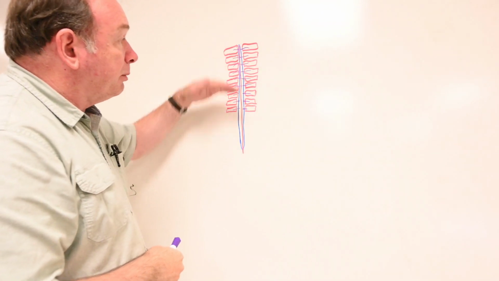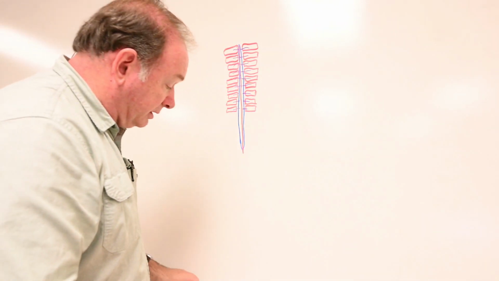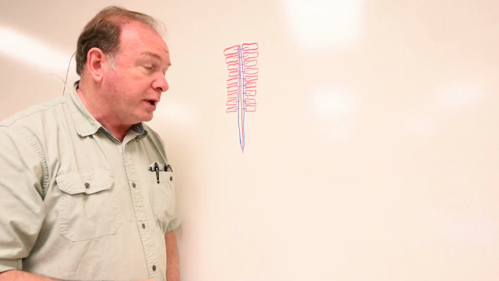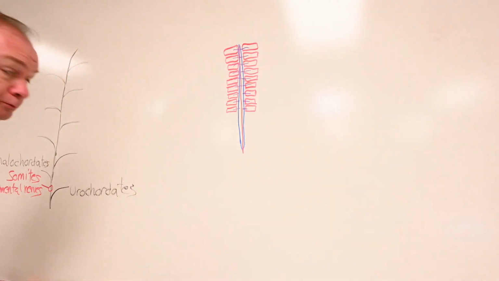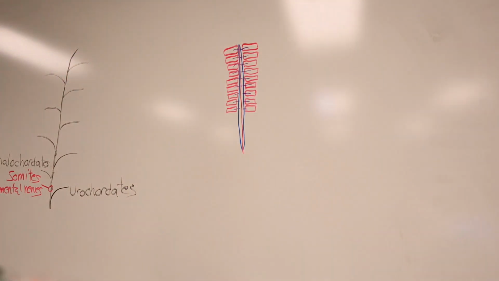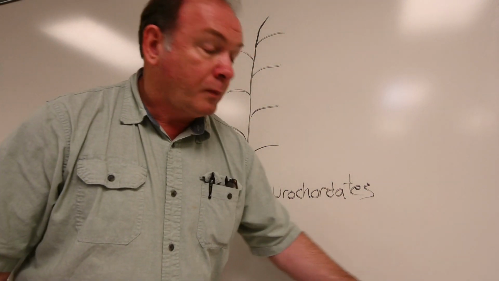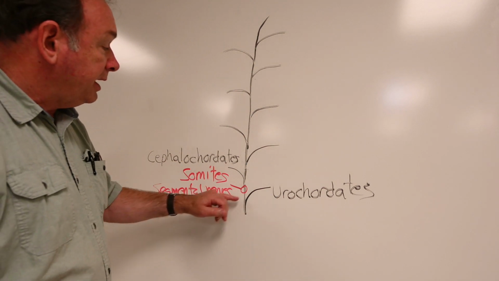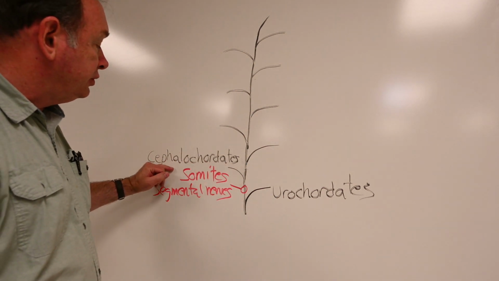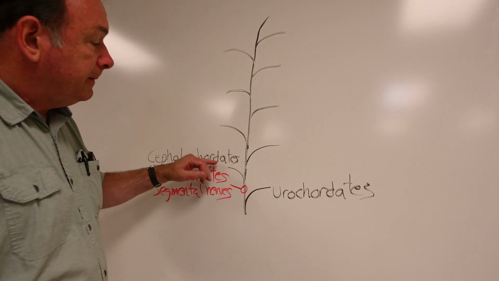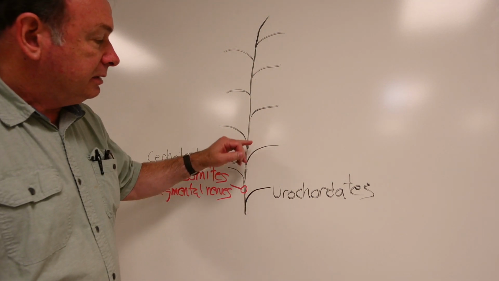So we have segmental nerves, we have the development of somites in the cephalochordata for the first time.